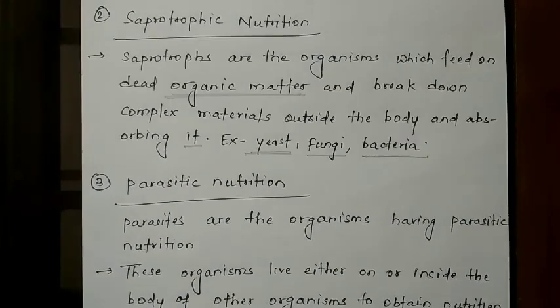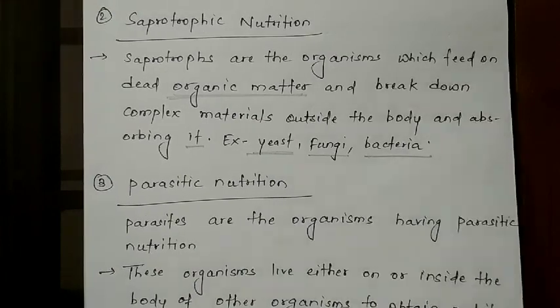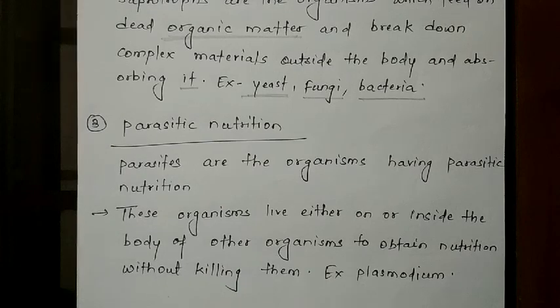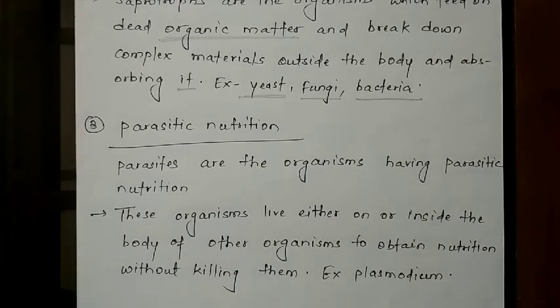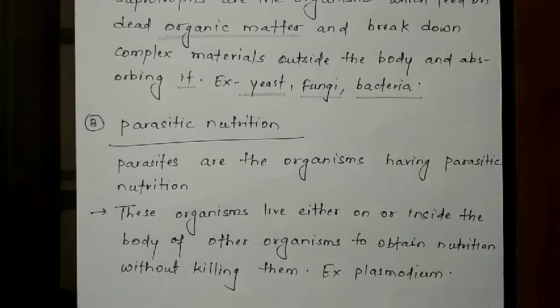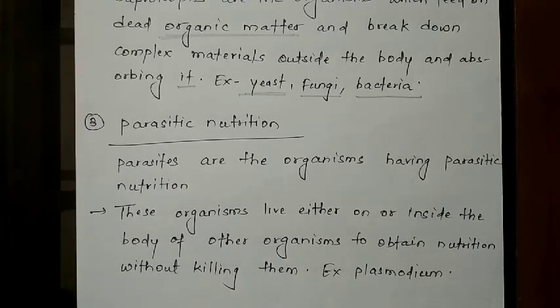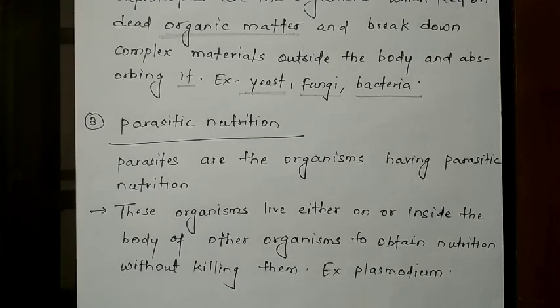So in parasitic nutrition, you know about the parasites or parasitic mode of nutrition. Parasites are the organisms having parasitic nutrition. Means what happens in parasitic organisms? These organisms either live on or inside the body of other organisms to obtain their nutrition.